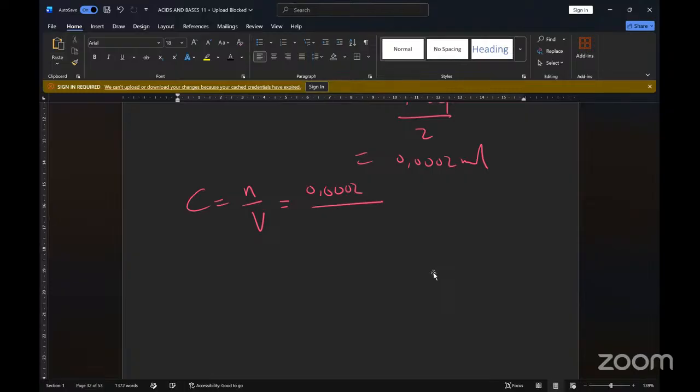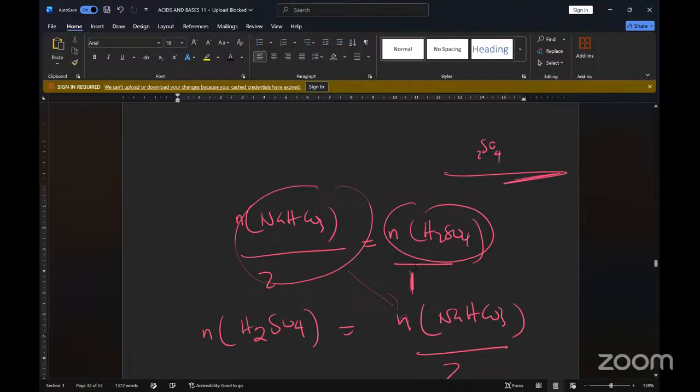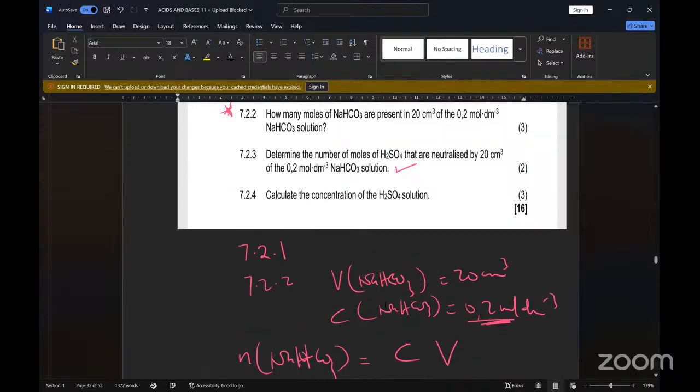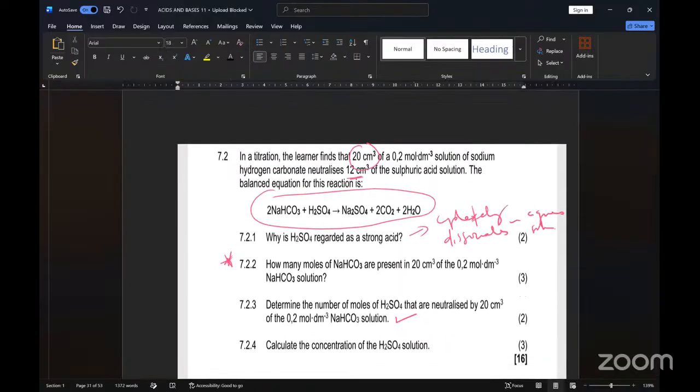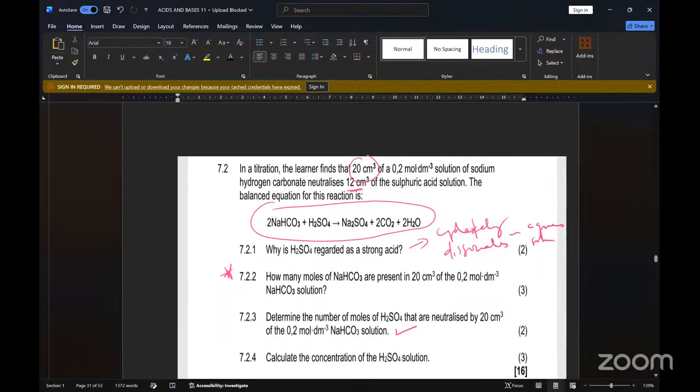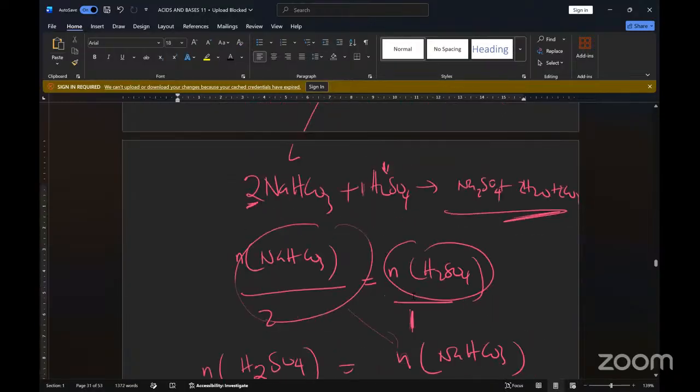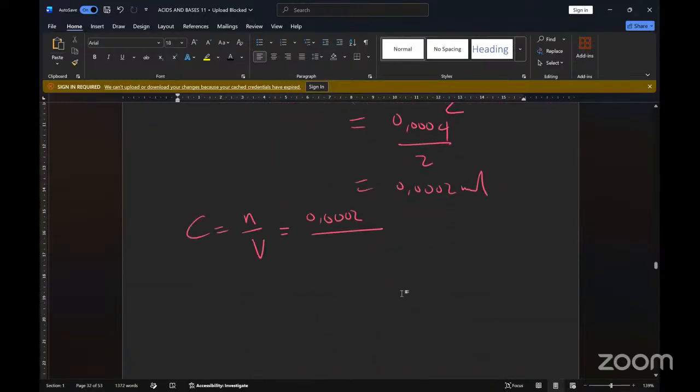The volume of the acid, if we go back here, we will see that we didn't put the volume there, but if you go here, you will see that the acid neutralizes 12 centimeters cube. So 12 centimeters cube is the volume of the acid, but we have to divide it by 1,000 before we can substitute it here. So we say the volume of the acid is 12 divided by 1,000.